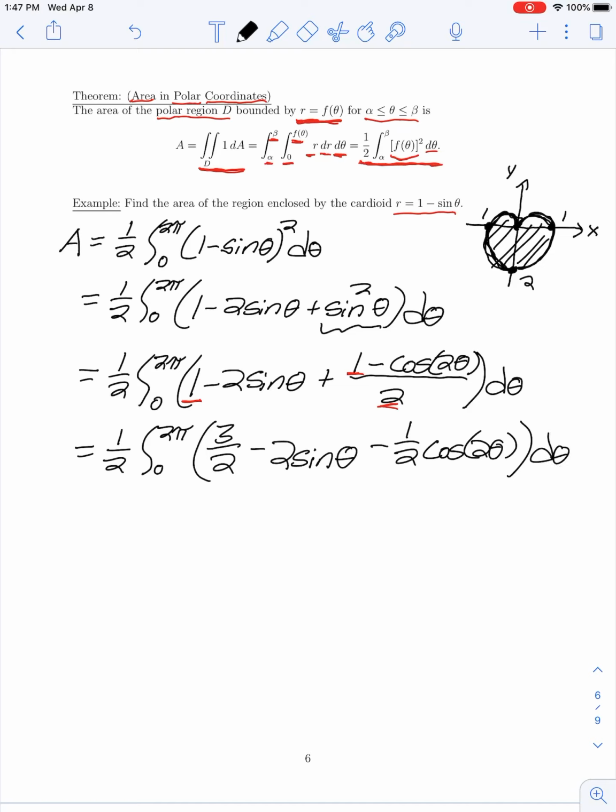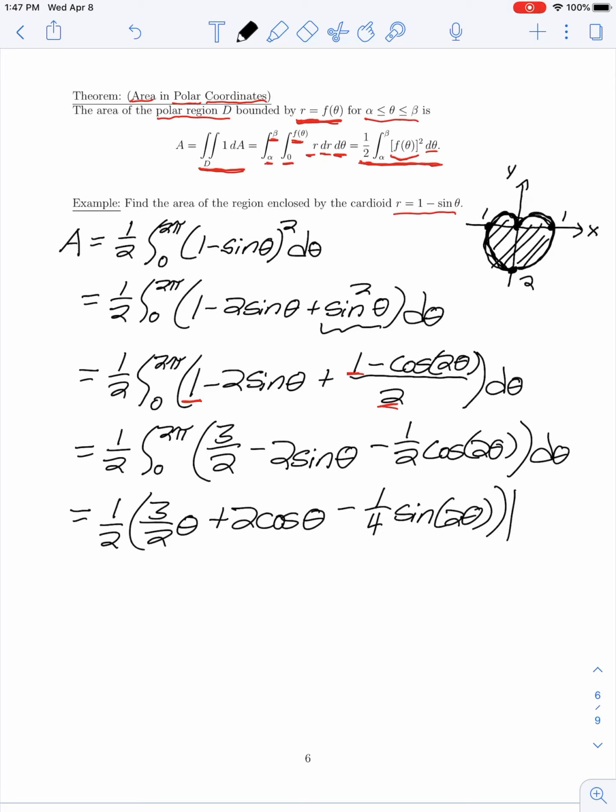So here, let's find our antiderivative. We have our constant 1/2 times 3/2 theta plus 2 cosine theta. And for our last term, we have a minus 1/4 sine of 2 theta, where we're evaluating from 0 to 2 pi.